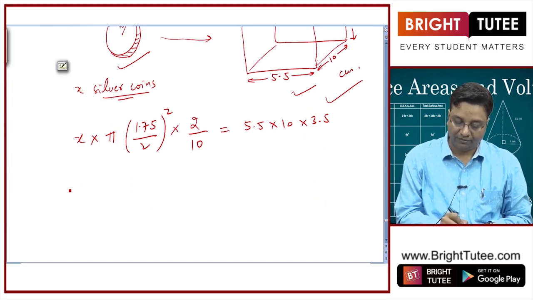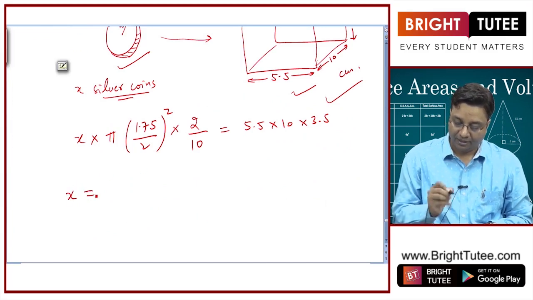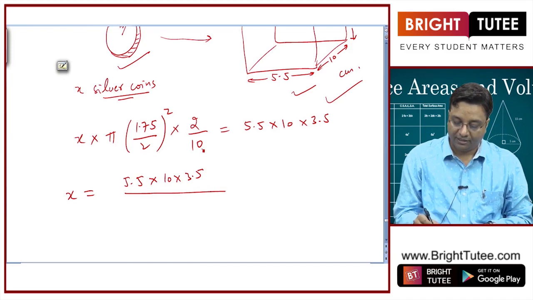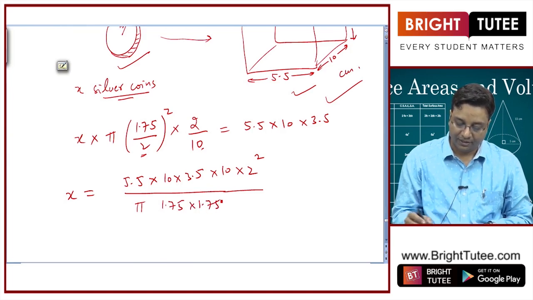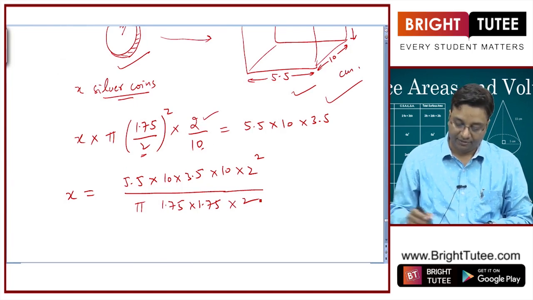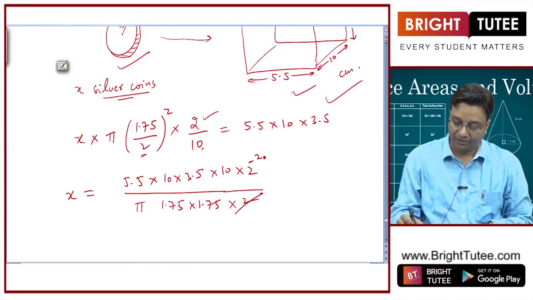So we can find x by 5.5 into 10 into 3.5 divided by, and this 10 is also getting multiplied here, this 2 square will also come in the numerator. So in the denominator I'll have pi, 1.75 square and this 2, right? So this will give us 2 here.